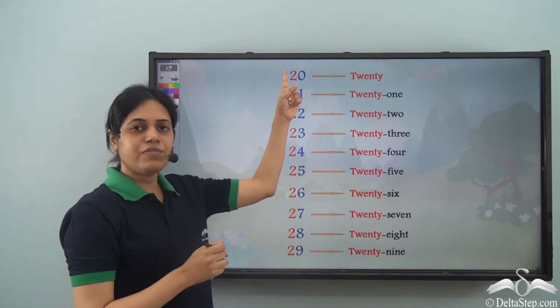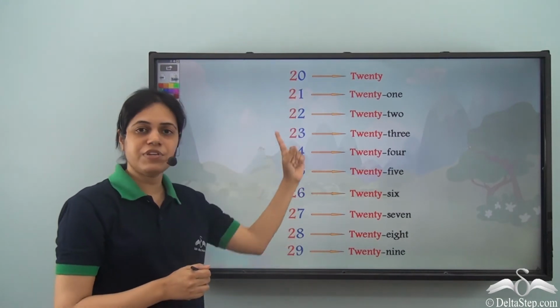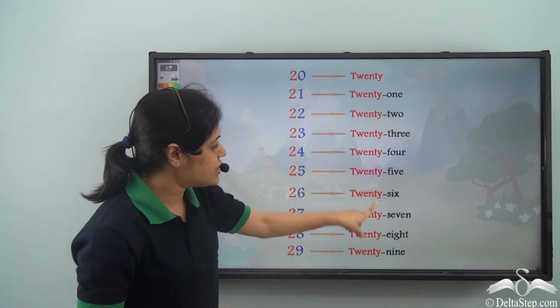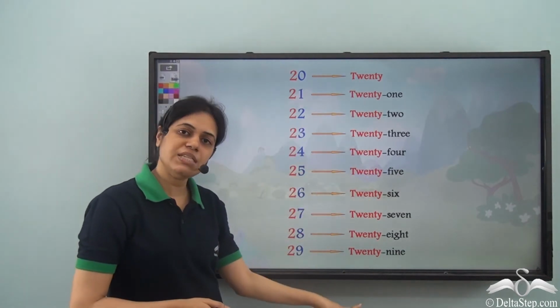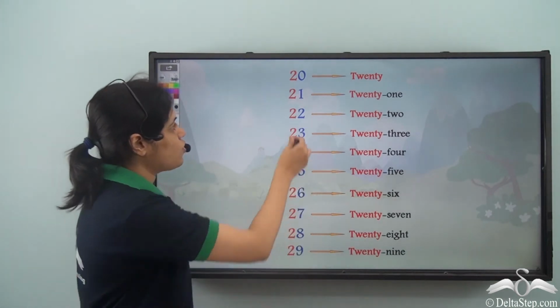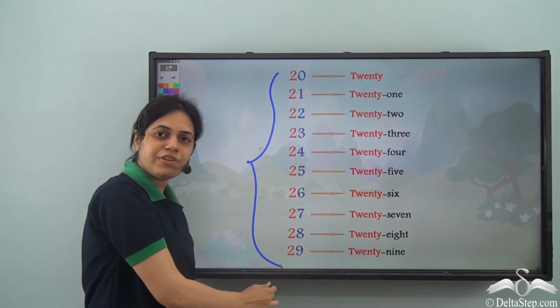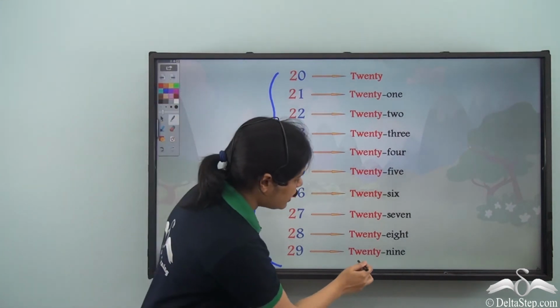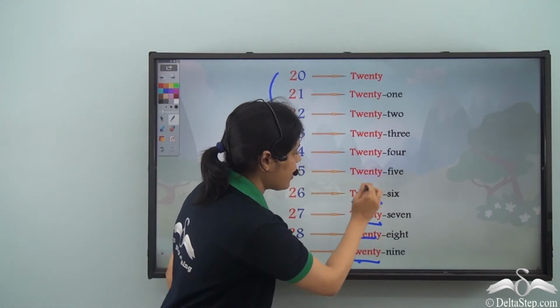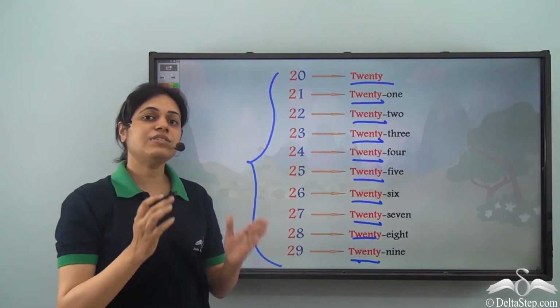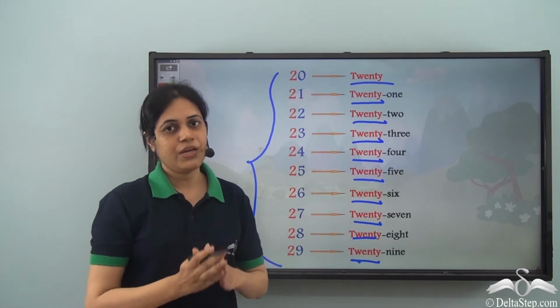When we have 2 in the first place, the first number name will be 20, right? So in all these numbers, we have 2 coming first. So in all the number names, we have 20 coming first. So this is the first thing to remember.